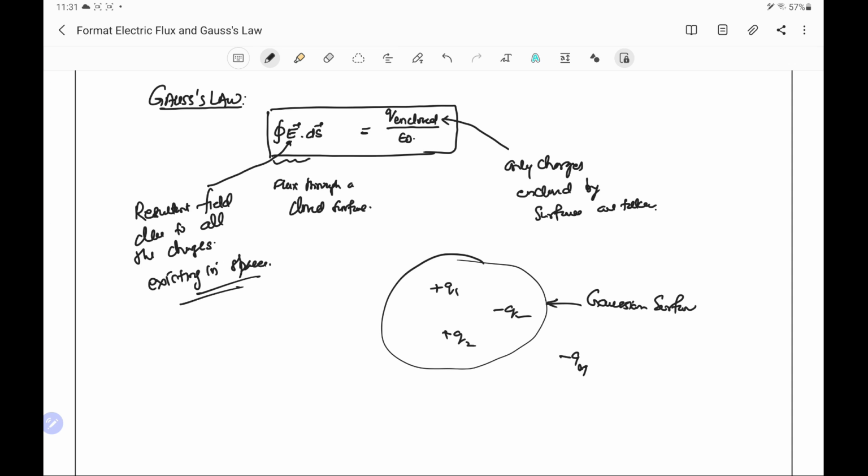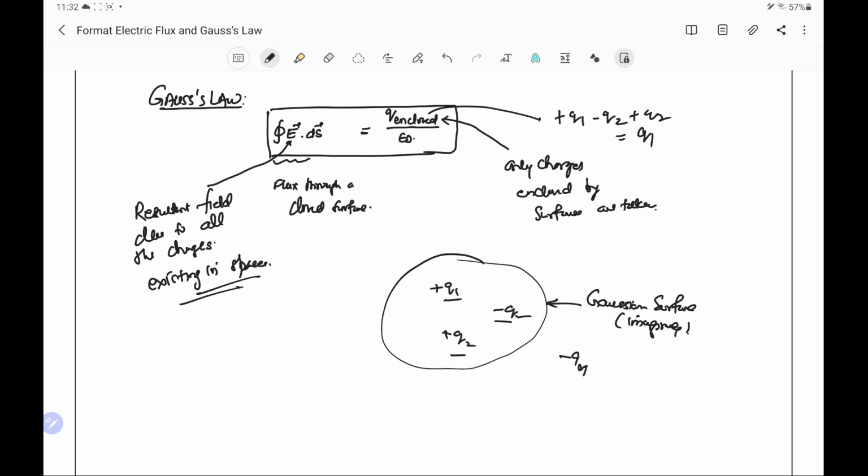This is an imaginary surface and this surface encloses the charges plus q1, minus q2 and plus q3. So the charge enclosed in this expression are plus q1, minus q2, plus q3.